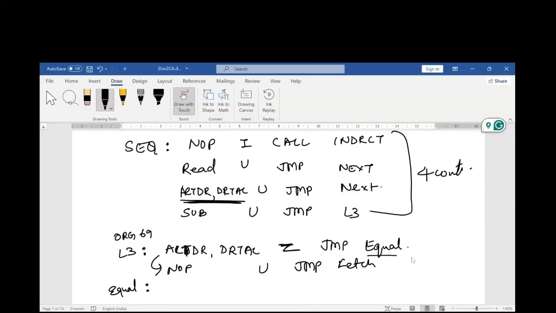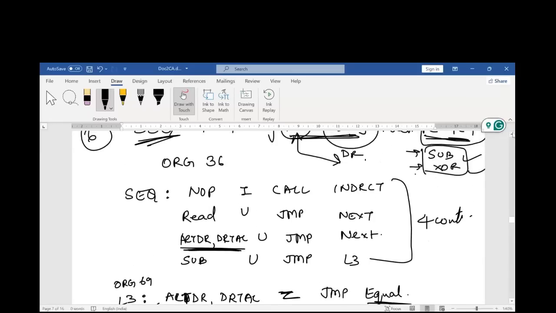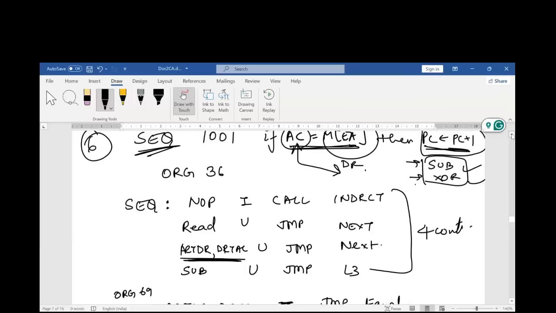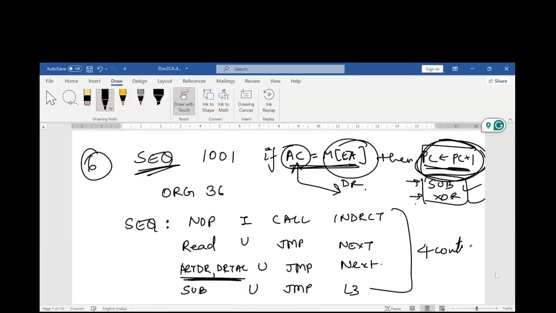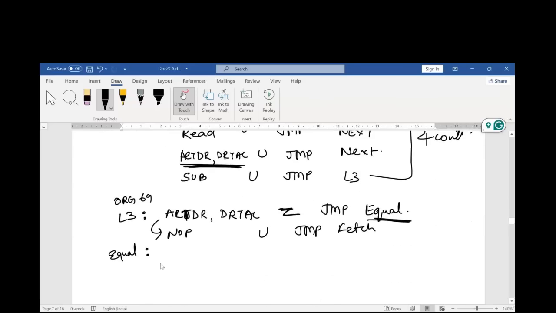fetch. Okay. But what if Z is 1? If content of AC is 0, what I have to do is transfer. No, we had to skip, right? We have to skip, increment PC. So what would be my last line in equal? If it is equal, what I need to do is INC PC. It is also a micro operation already available in your F1, F2, F3 pool. Okay.